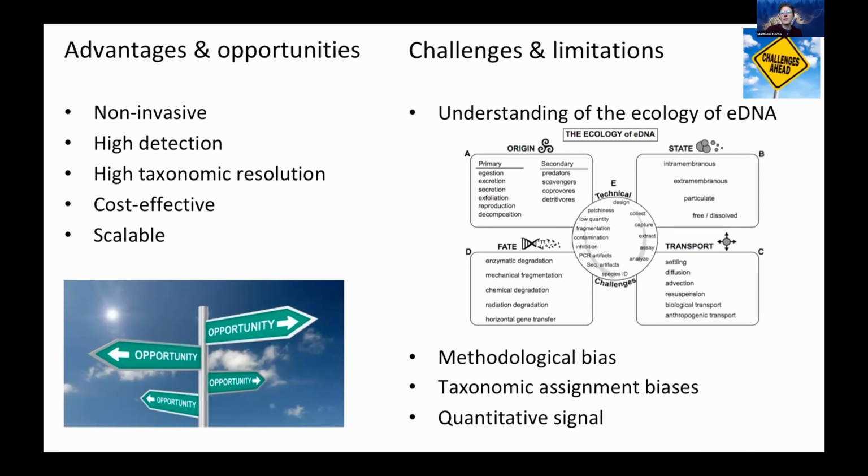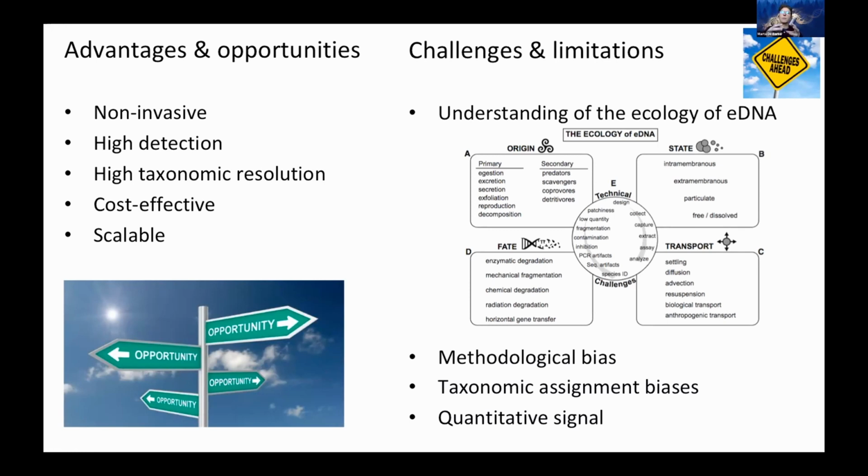They are mostly related to, first of all, our limited understanding of what we call the ecology of eDNA, which is the combination of all the different aspects that relate to how eDNA originates, the state it's in when it's released, and the fact that it moves through the environment.